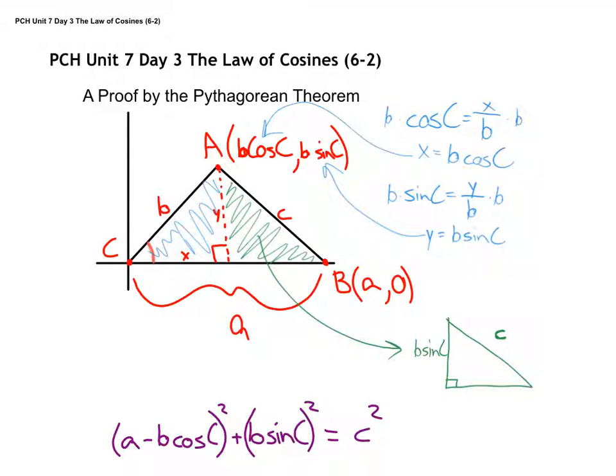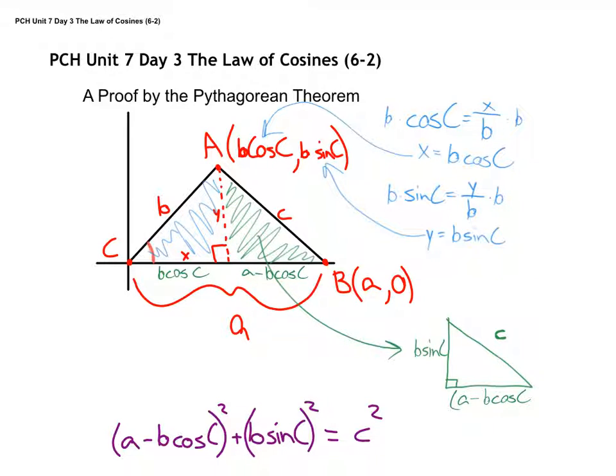You're on the right track. A minus B cosine C, yes, there we go. So here, if this is B cosine C, then this is going to be A minus B cosine C. Does that make sense? So A minus B cosine of angle C. That's the length of this side here.